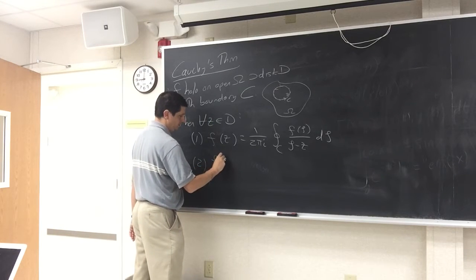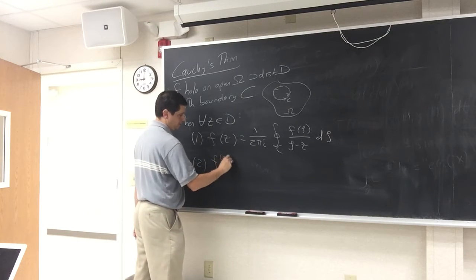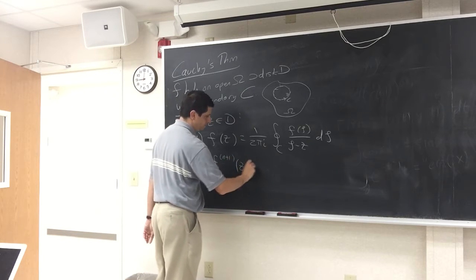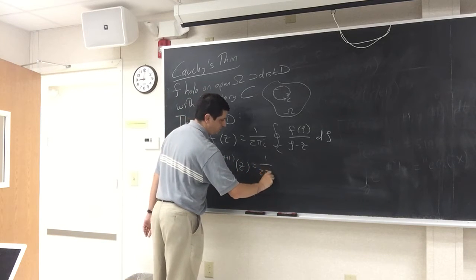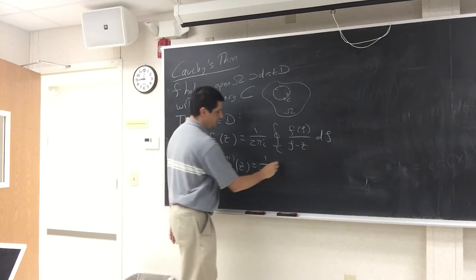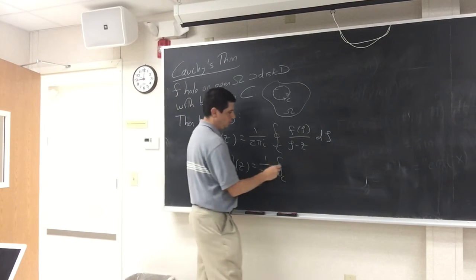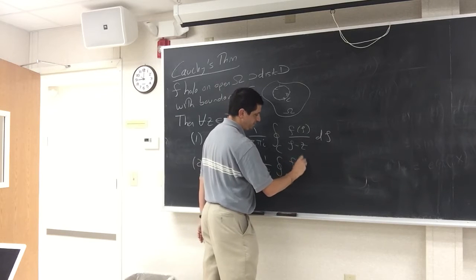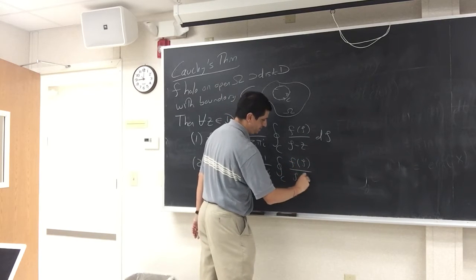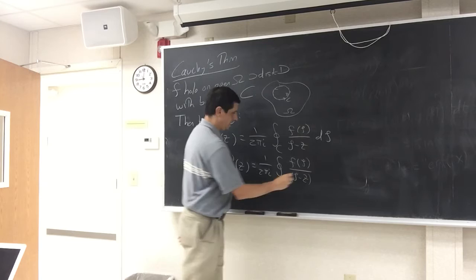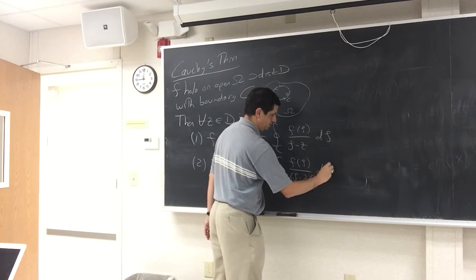And I'll write the nth derivative, to give away a little bit of the punchline, is n factorial over 2 pi i times the integral over C of f of zeta over zeta minus z to the n plus 1, d zeta.